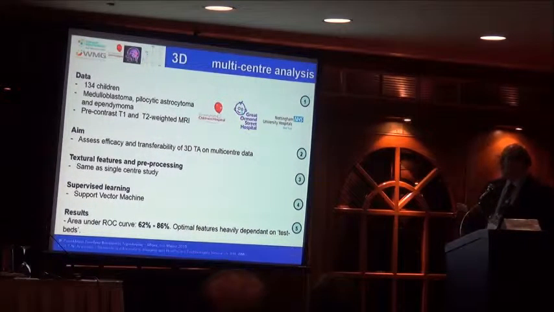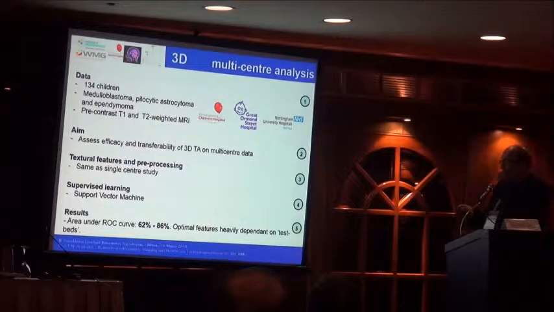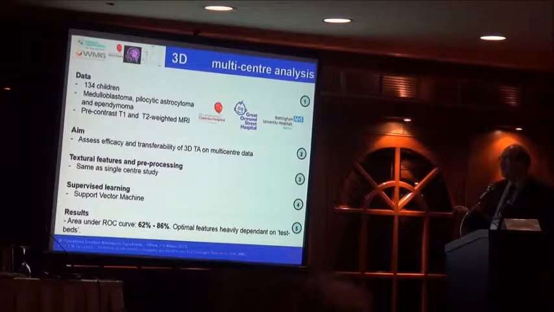And finally, what we have decided, okay, we need to increase our numbers properly, so Children's Hospital Birmingham, UCL, Great Ormond Street, and Nottingham University and the hospital have looked at expanding the study and see the efficacy in 3D.